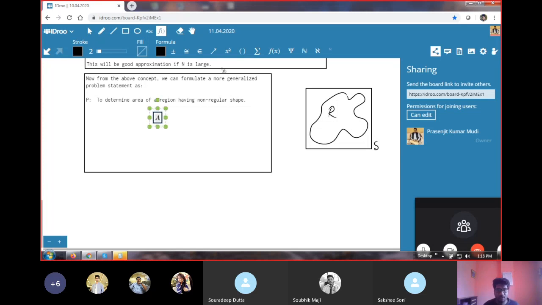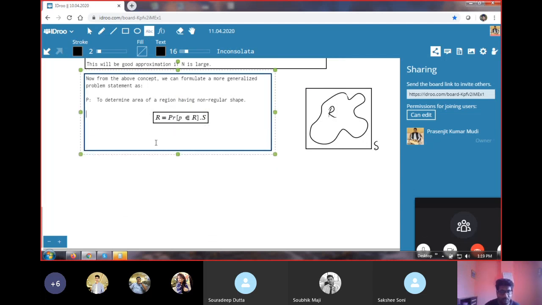The area of R is equal to the probability that point P belongs to R times the area of S. And this method has been proposed as a very popular method.